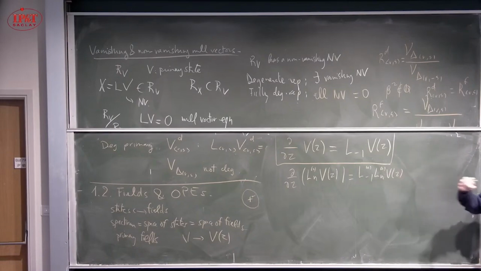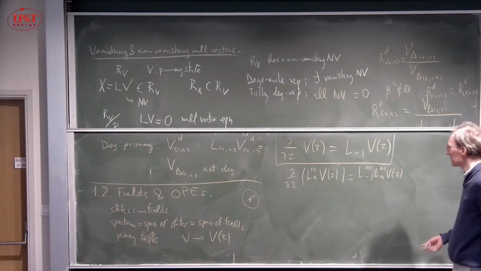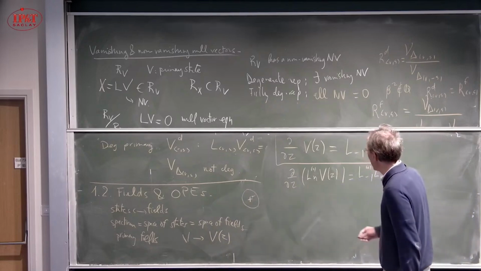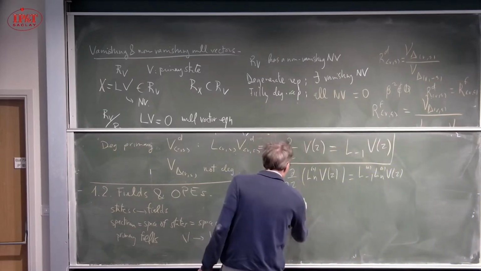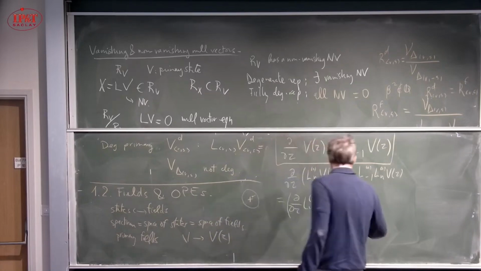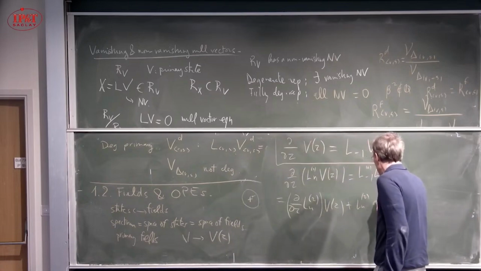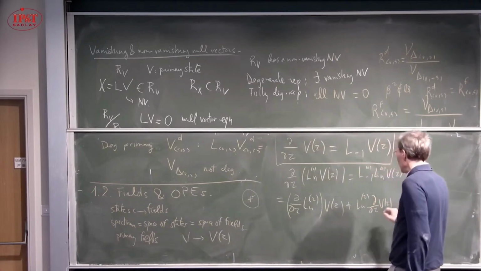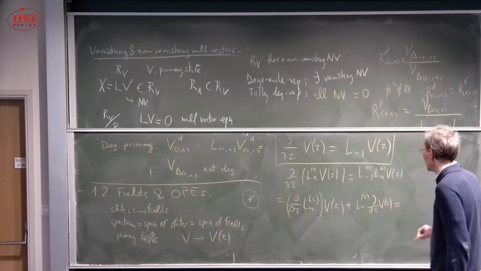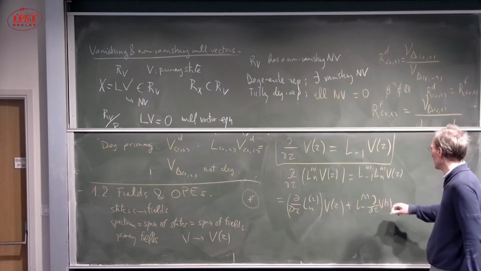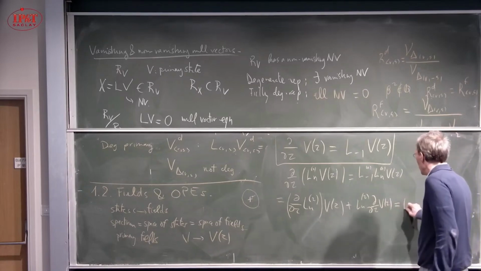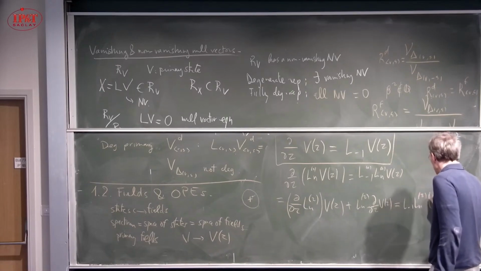So I'm making this dependence explicit here. From this axiom, we will be able to derive how L_n depends on z. Computing this, we get d/dz L_n(z) V(z) plus L_n d/dz V(z), which is equal to, well, the same thing again for V(z).